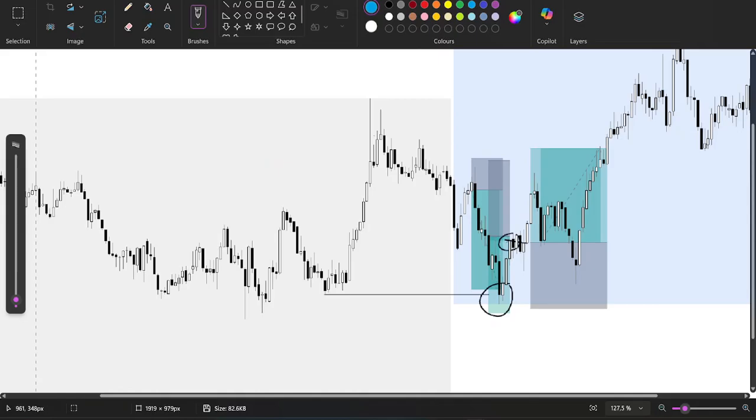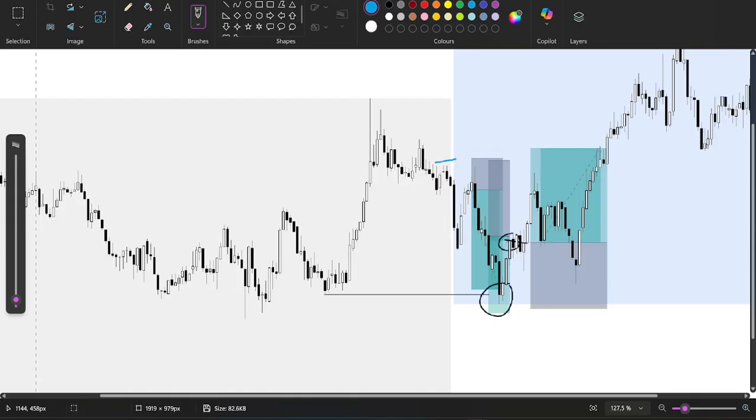Price falls down from this level to this level, comes back up, and down to this level. Notice here we break with power going down. Initially we got a push down, and we have a high here. We get pushed down, come back up again, highs respected, and boom, I entered here.